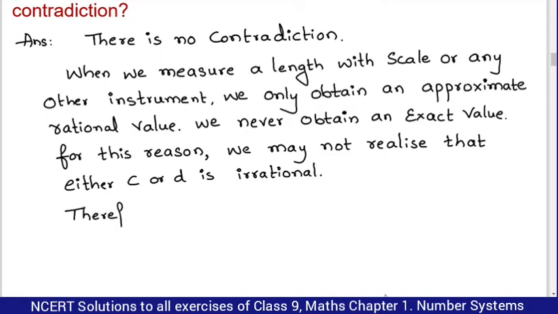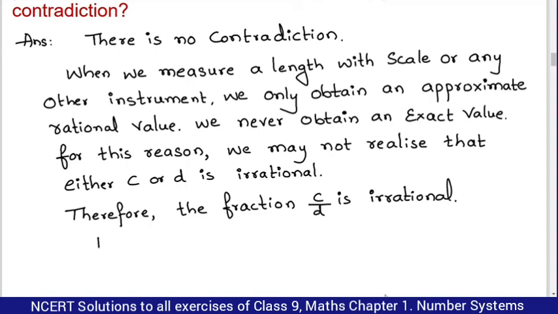Therefore, the fraction C by D is irrational. Hence, pi is irrational. If C by D is irrational, then pi is irrational.